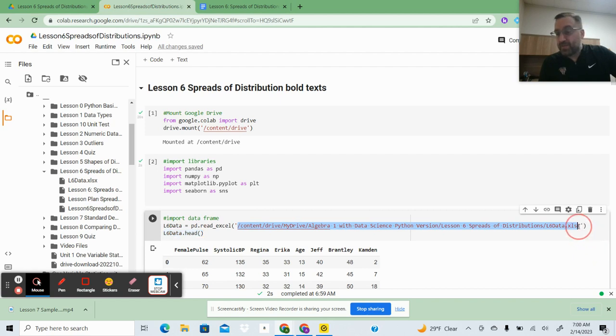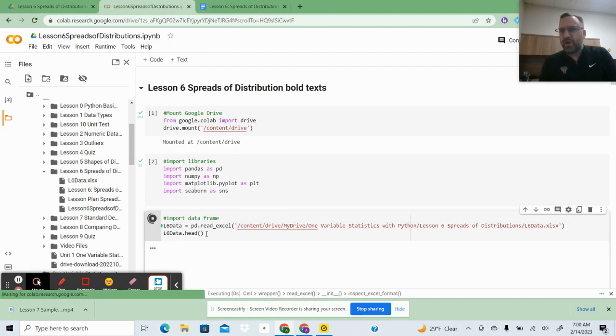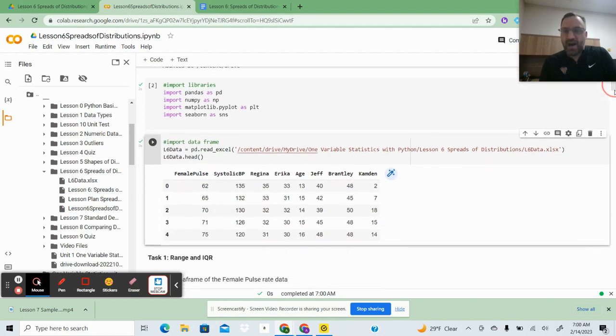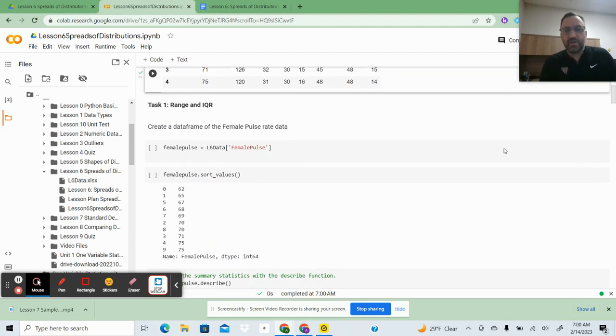Remember, your path might be a little bit different here. So if you have it in your downloaded folder, just make sure that you know what path it is and then just read it. You can always just print it off by pressing L6 data, or use the head function to just look at the first 5 or so data values.